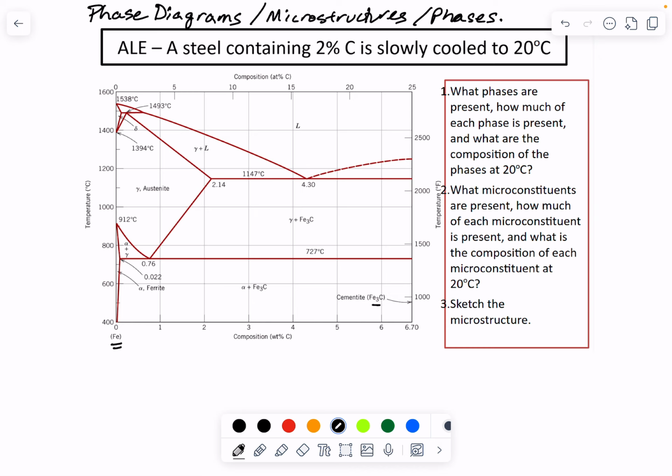Over here on the right-hand side is what we call a line compound because it exists at exactly 25 atomic percent carbon, which corresponds to 6.7 weight percent carbon.